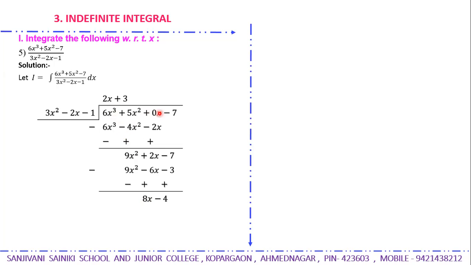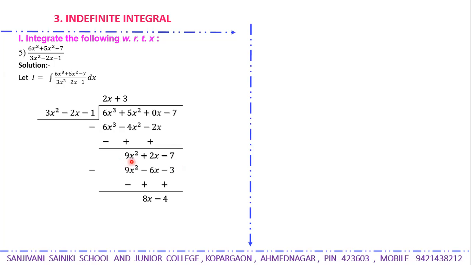Here 3x square, here is 6x cube. So by which factor we have to multiply 3x square so that I will obtain 6x cube? Obviously 2x. So 2x into 3x square is 6x cube, 2x into minus 2x is minus 4x square, 2x into minus 1 is minus 2x. Then take their subtraction, we will obtain this.